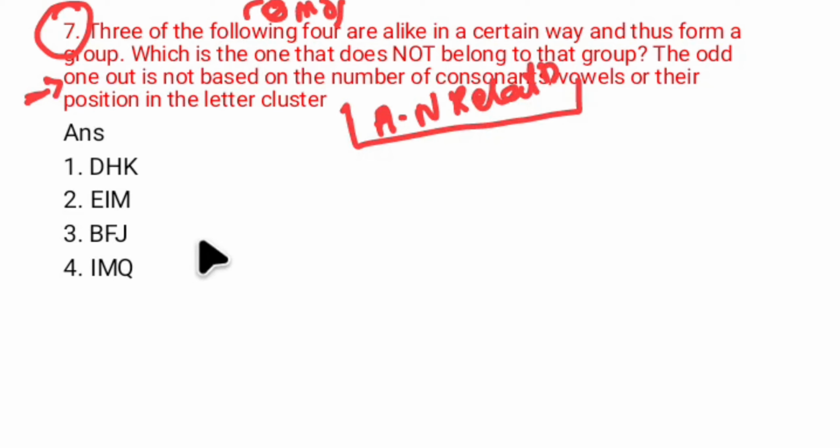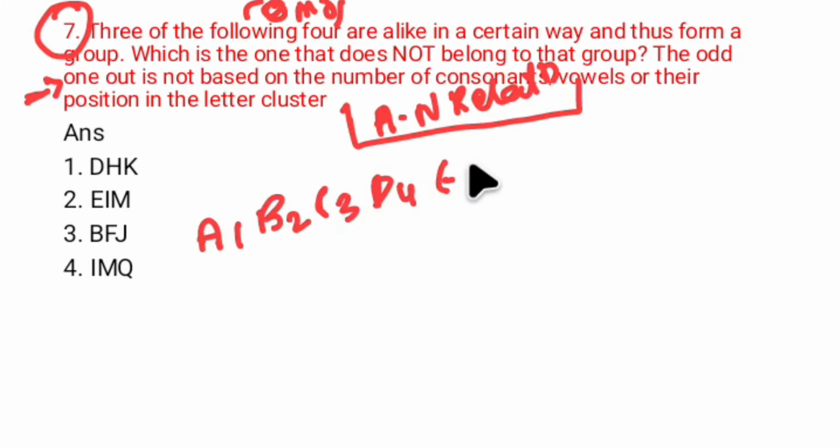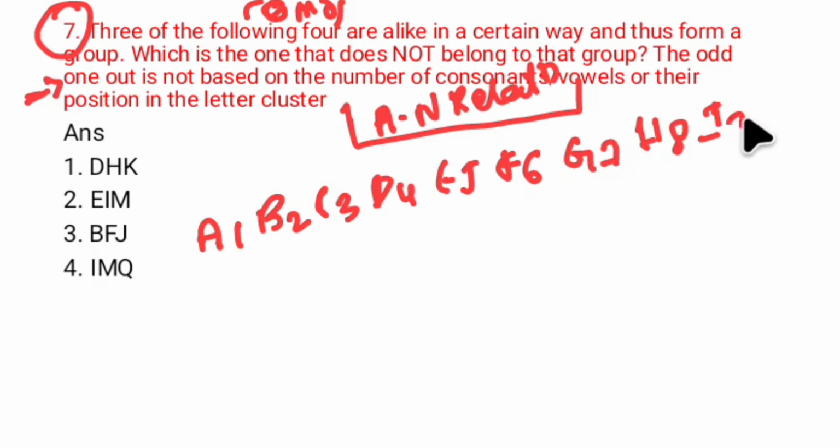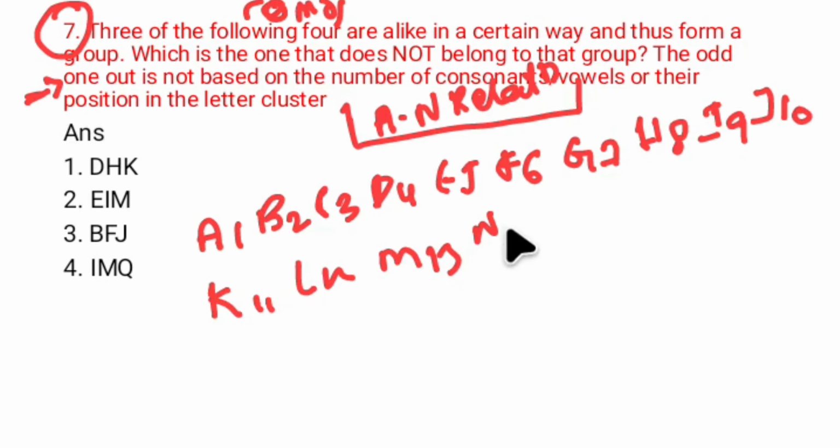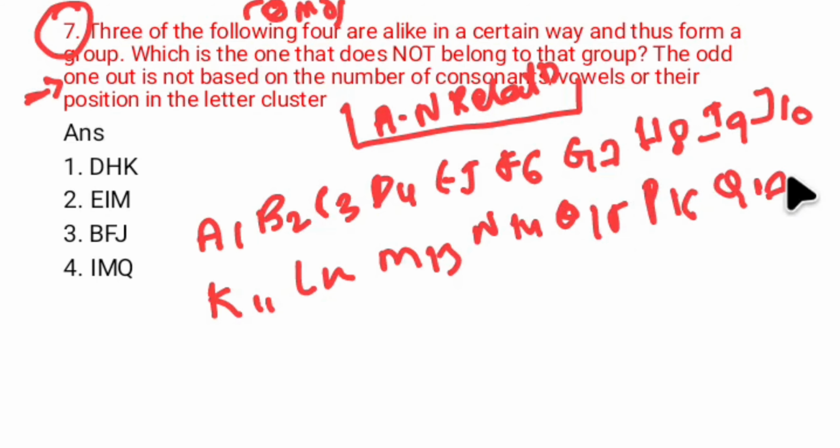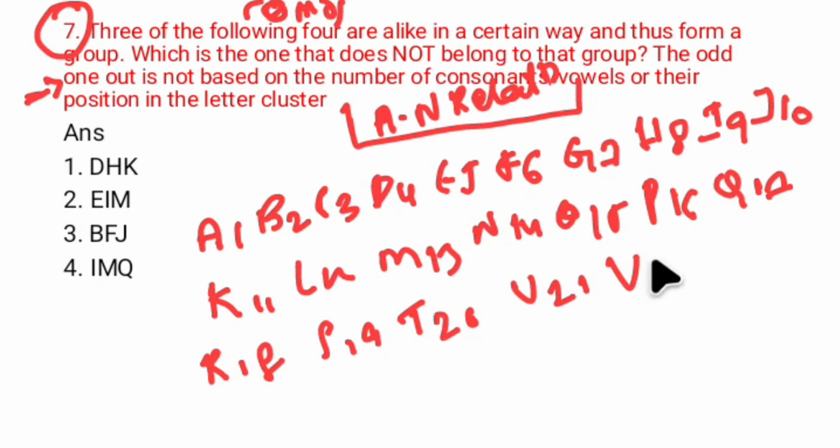So we have to know this one thing and the other three things, and the next one is opposite letters. So for A, Z; B, Y; C, X; D, W; E, V; F, U; G, T; H, S; I, R; J, Q; K, P; L, O; M, N. So AZ, the opposite letter for A is Z, opposite letter for B is Y, opposite letter for M is N. How to find out this opposite letter?